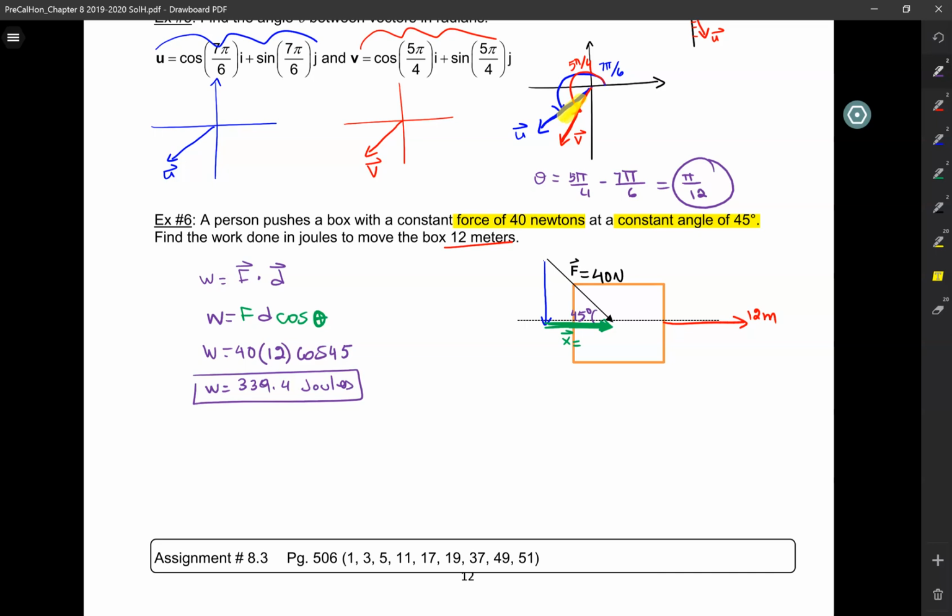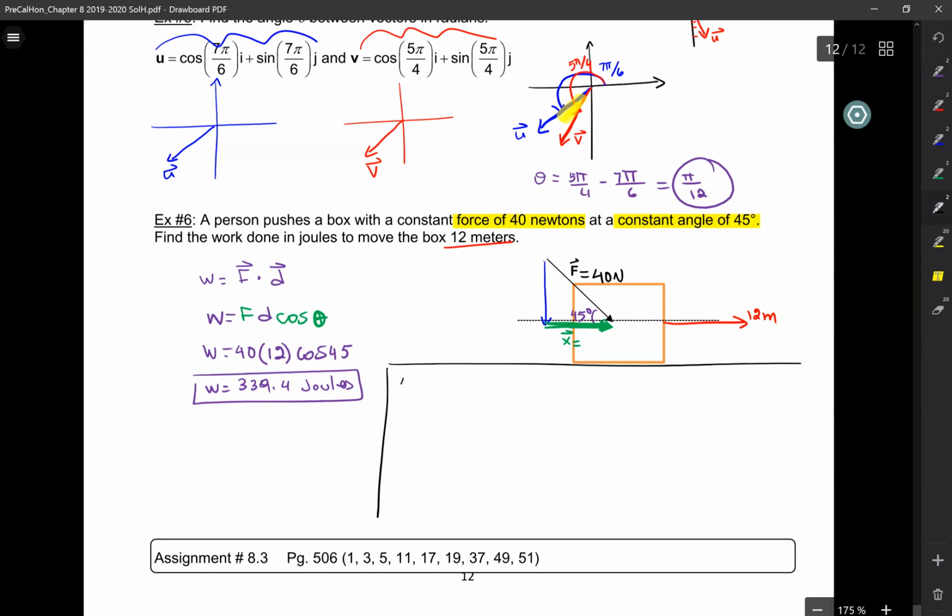Now remember, this is a dot product. Another way of calculating it is using components. I could have given you the same information in component form. So why don't we look at method 2 here? Let's use components.